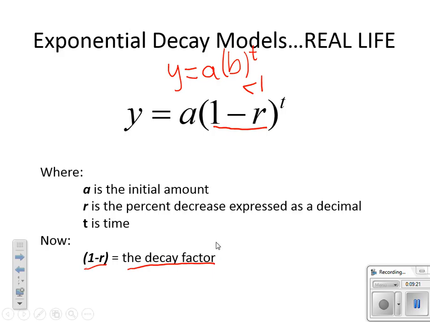So a is the initial amount, and then r is the percent that decreases. So when you're looking at a decay model, it'd be decrease, depreciate, goes down, words like that. And remember, we want the rate to be expressed as decimal, so it's percentage divided by 100. And t is time, as always.